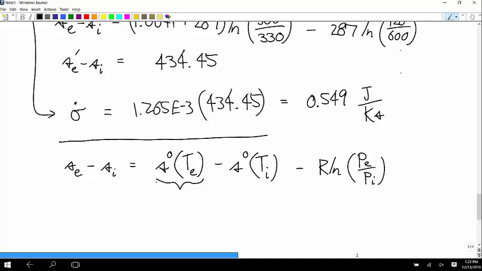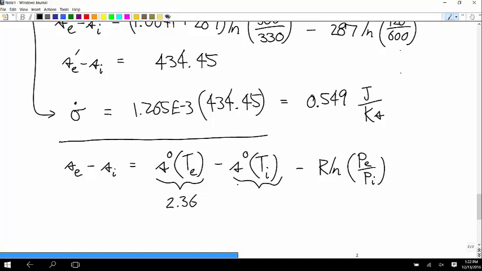So 2.36. This one is at the inlet, so 330 degrees. 2.46.